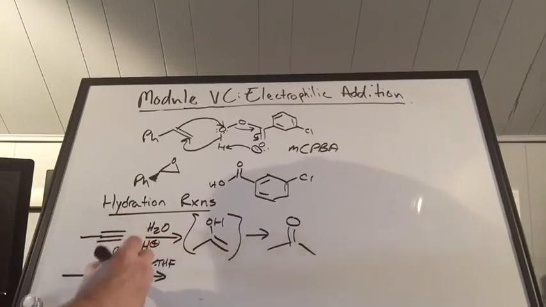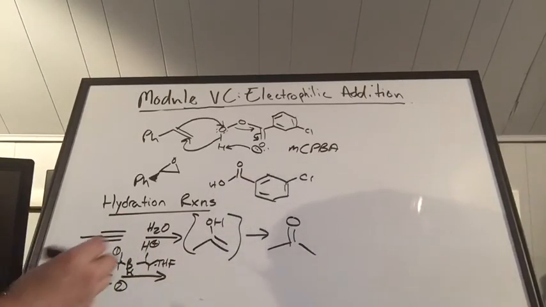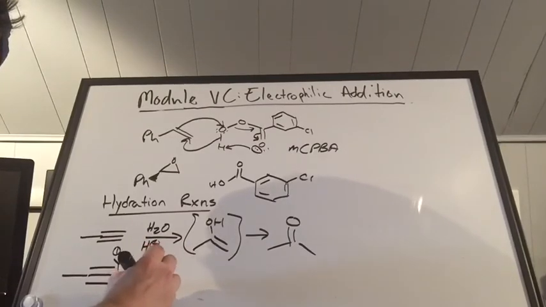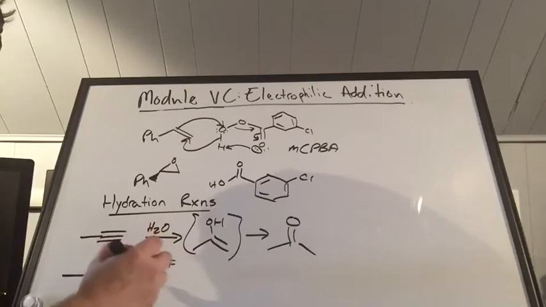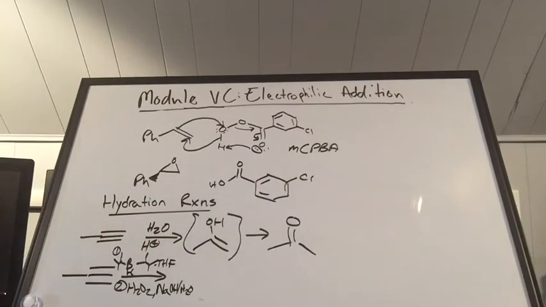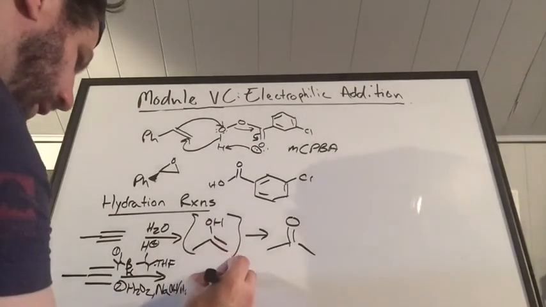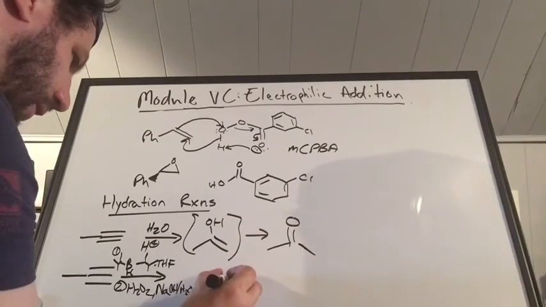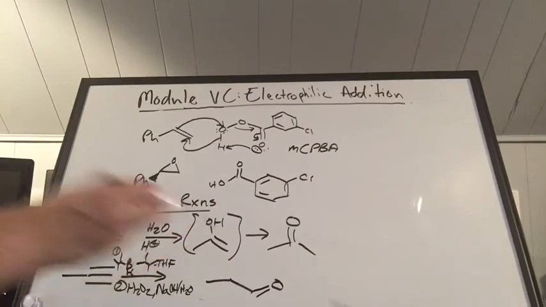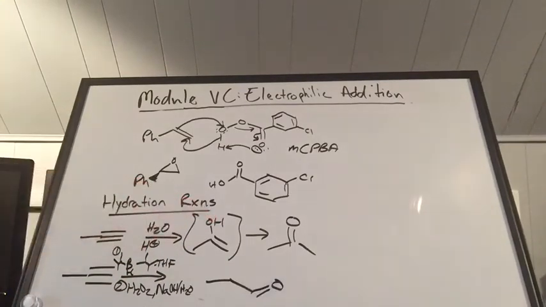So that's the first step. And then the second step, you're going to be using H2O2, which is peroxide as well, NaOH, H2O, so conjugate acid base pair. You're going to actually get anti-Markovnikov addition. Okay. So you'll get propanal instead of 2-propanone, or propan-2-one. Okay?